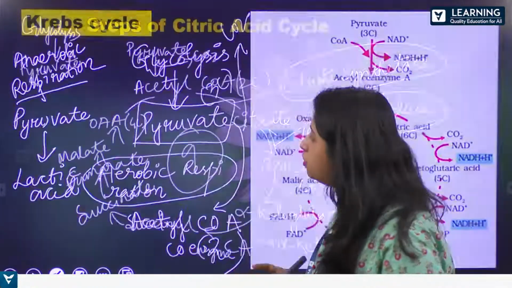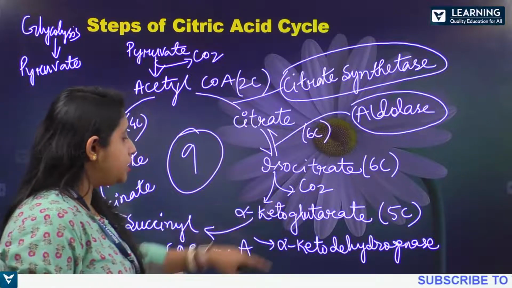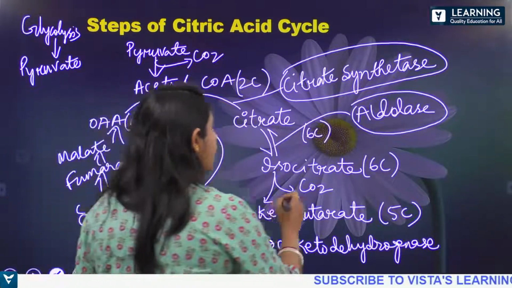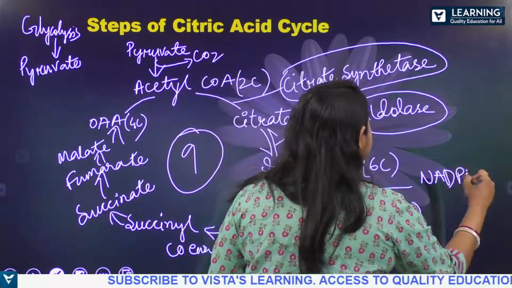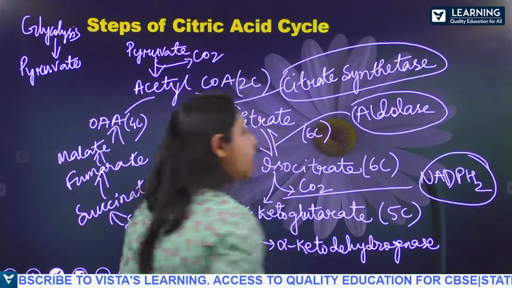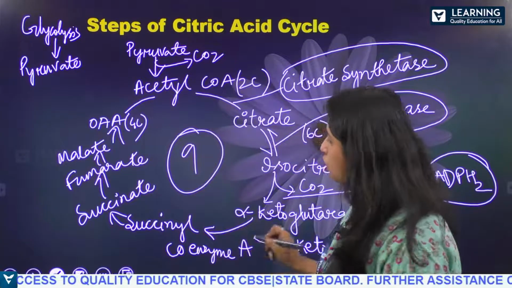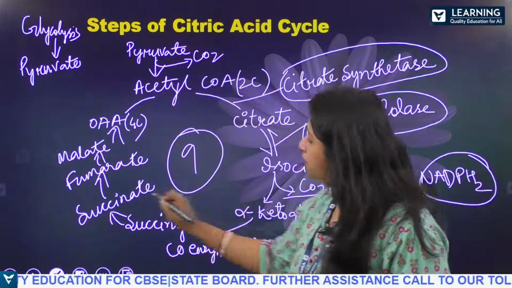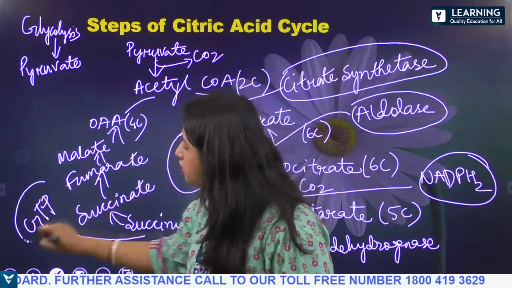When alpha ketoglutarate got converted, one molecule of NADH2 is evolved. And during the conversion of succinyl coenzyme A to succinate, GTP is also formed.